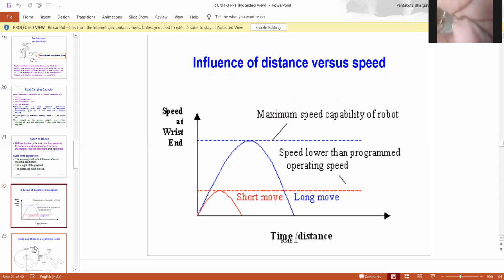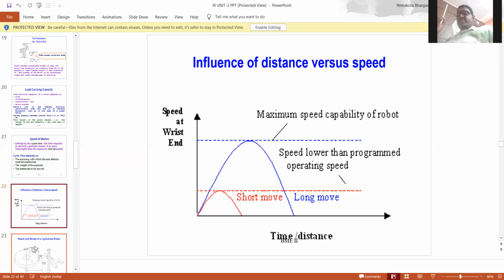This is the time distance, which covers short move, long move, low speed, and maximum speed. You can increase the speed for efficiency, or the revolutions per minute will increase, for example 200, 300, 400, 500, 600, 700.